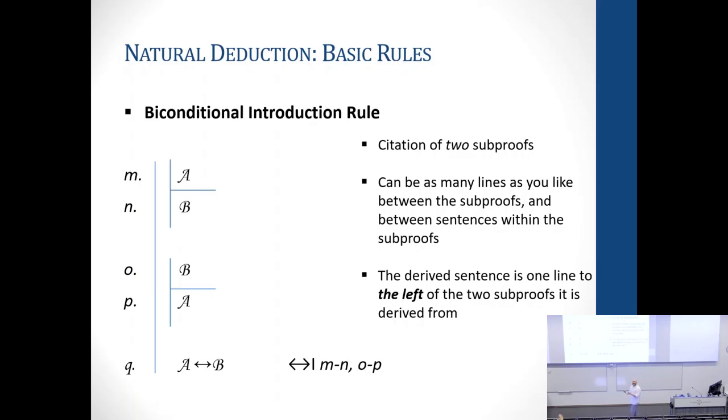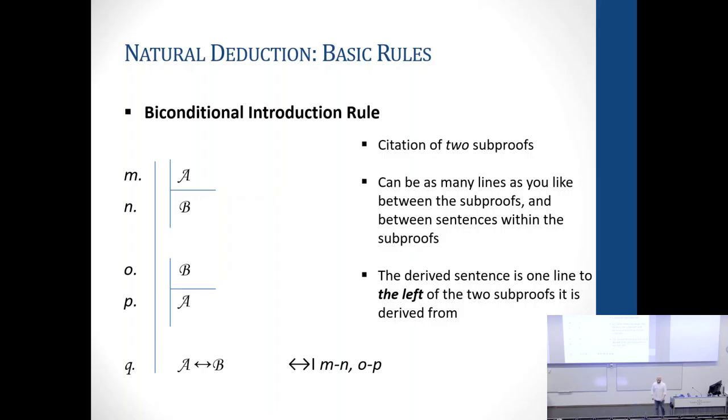So if you know how to do conditional introduction, you can do bi. Yeah. So actually, it doesn't matter where the application be. Like, for example, M is 1, P is 4, and Q can be 10 or 11. Doesn't matter. The gaps here can be as big as we want. These subproofs can be as long as we want. Just in this case, you got to have both subproofs.